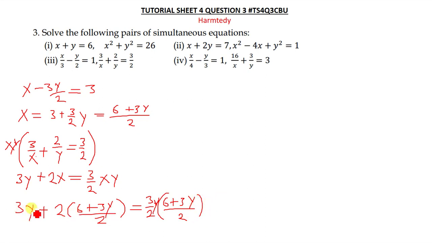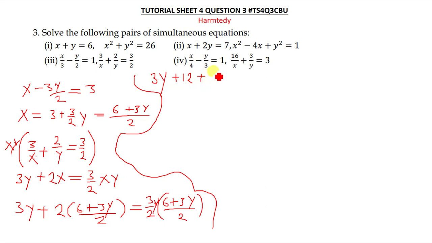So having done this, we can now simplify this. So we simplify this, we have 3y, we have 2 times 6, you get 12, 2 times 3y, you get 6y.